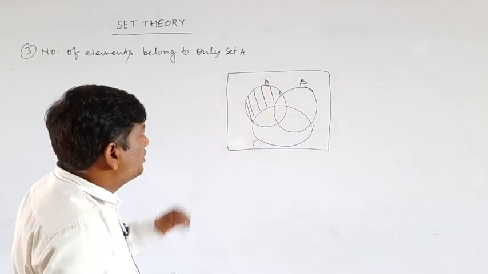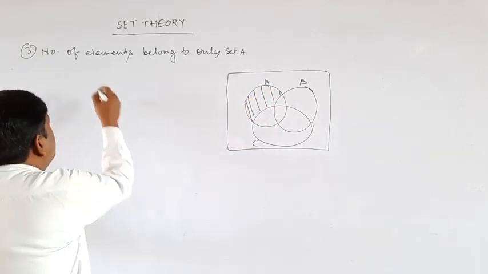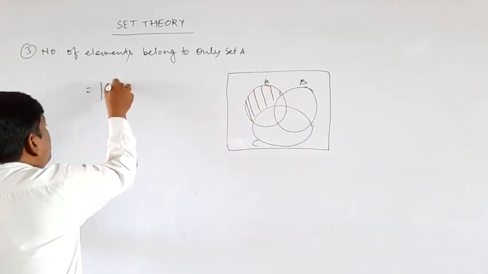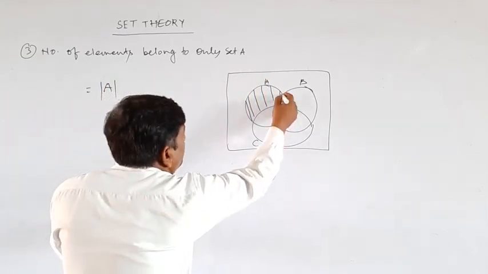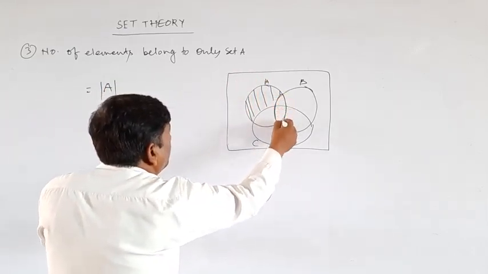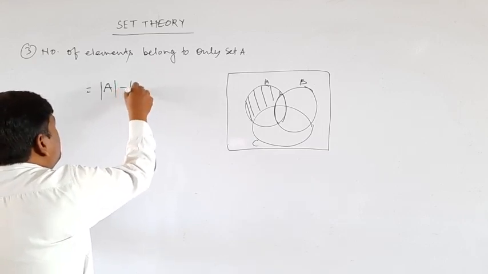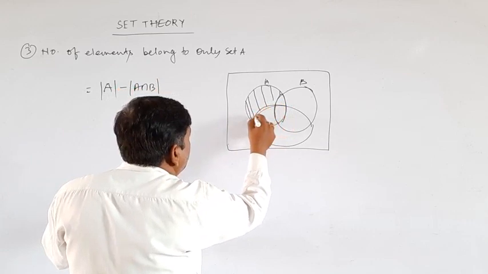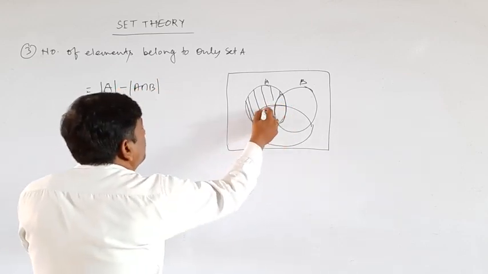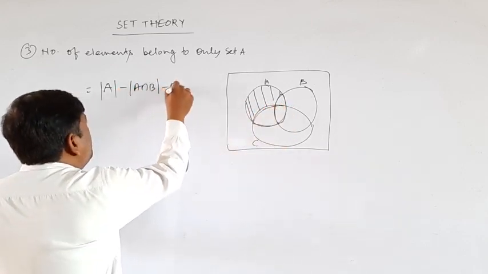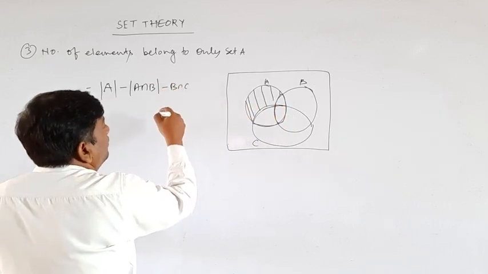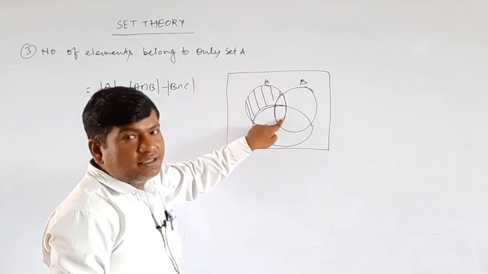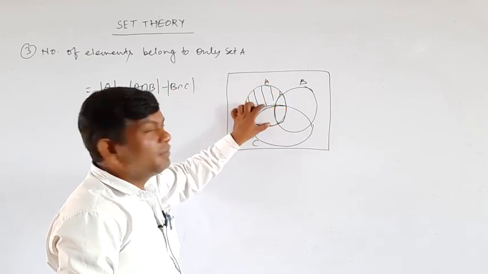Now this portion can be written as total set A minus this region, A intersection B, minus this region, minus B intersection C. So this region is equal to total A set minus this region minus this region.